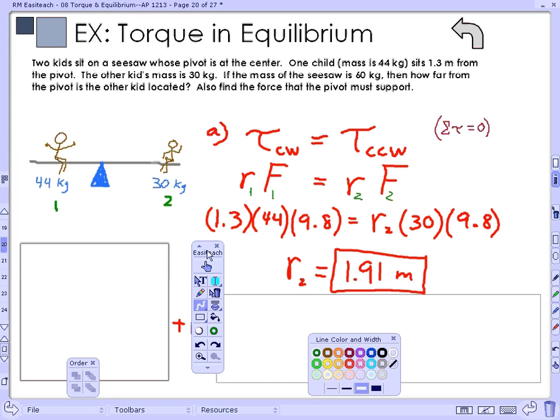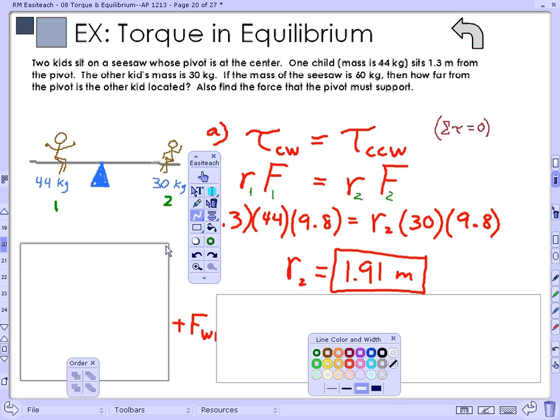Now, the answer to the force from the pivot is actually really ridiculously easy in this particular problem. In other problems, it's not going to be easy. So with a really simple problem, I'm going to show you the structure for how you should approach that. The same way that we said that there's no net torque, we're going to say that there's no net force.